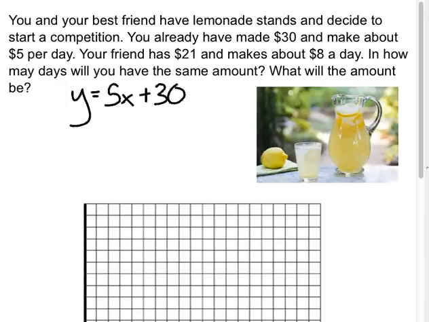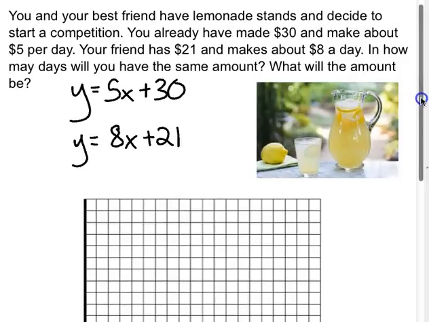Your friend already has $21 and they make $8 a day. And what you want to know is how many days will you have the same amount of money? So, in other words, when are these lines going to cross? When are they going to touch?